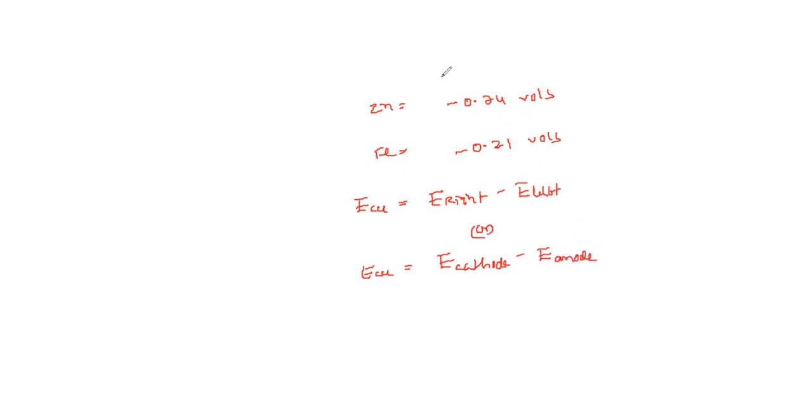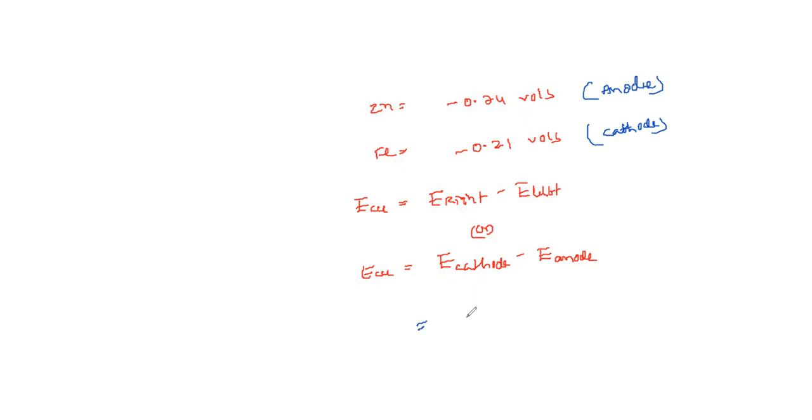Which acts as anode and which as cathode? The more negative is always the anode. The less negative is always the cathode. If one is positive, there is no need for this: positive acts as cathode and negative acts as anode. If both are negative, the more negative acts as the anode and the less negative acts as the cathode.